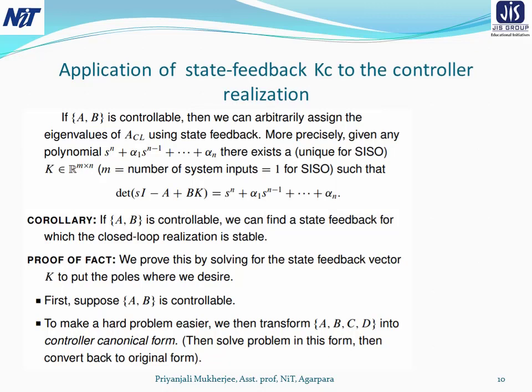It will be much easier. So first we consider that A and B should be completely controllable. Then we can put the eigenvalues of the A matrix at the desired pole locations using the state feedback K_C matrix.